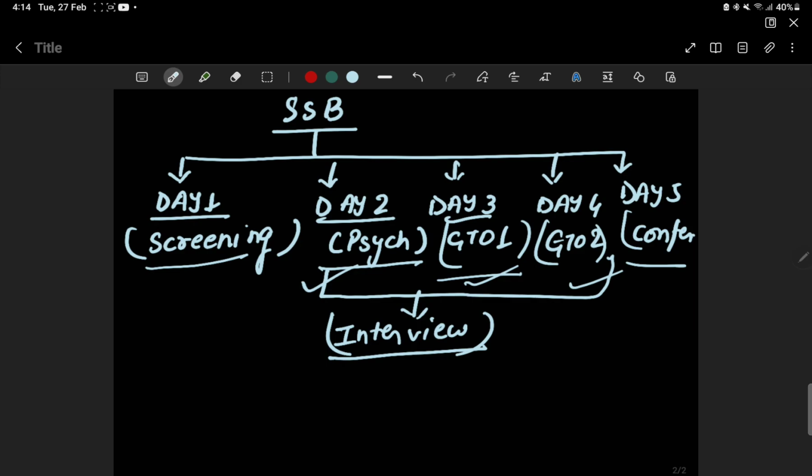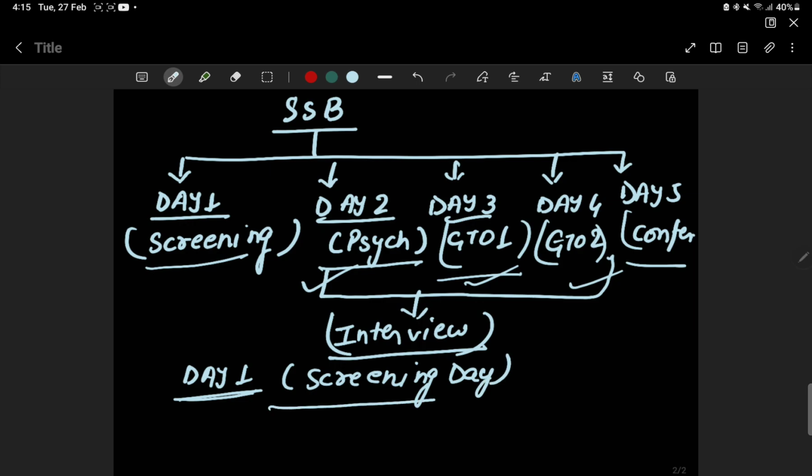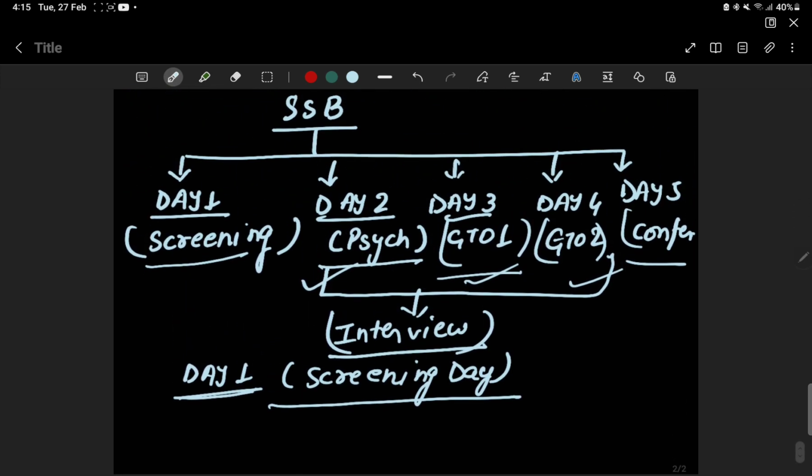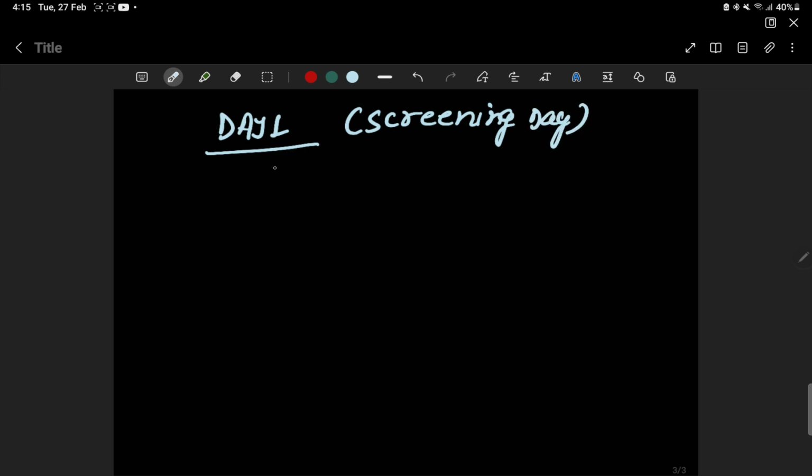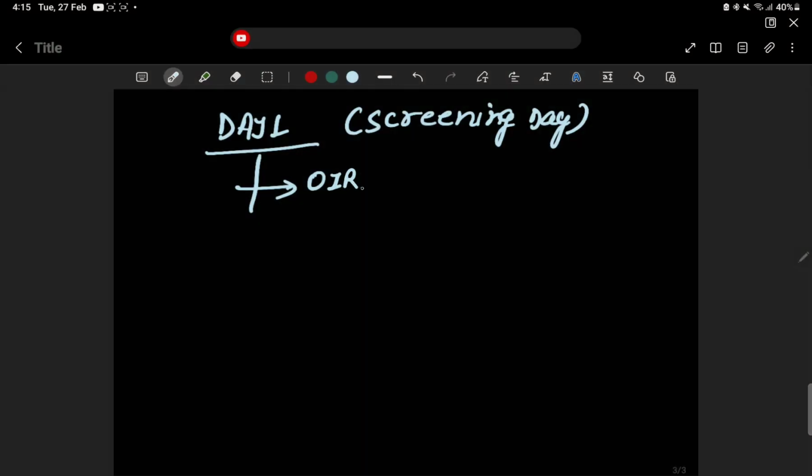Now coming towards it, one by one, we'll discuss the days' process. Like on day 1, which is known as the screening day, on this day basically what they do is they first of all conduct the OIR test.